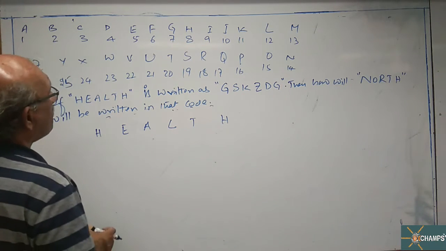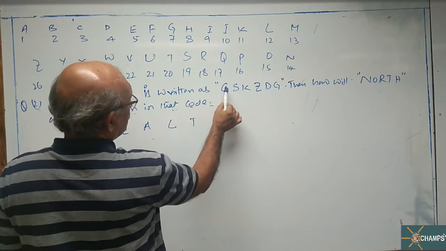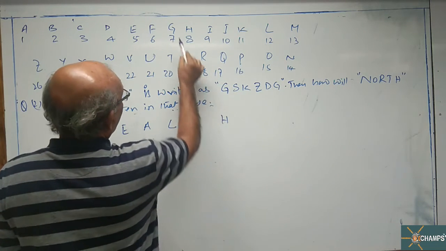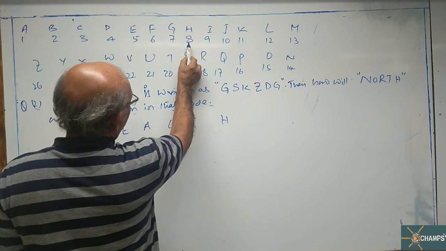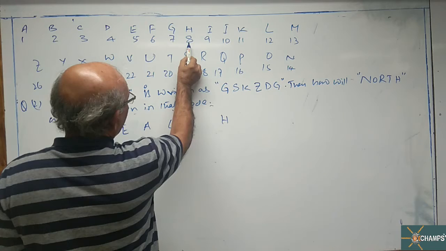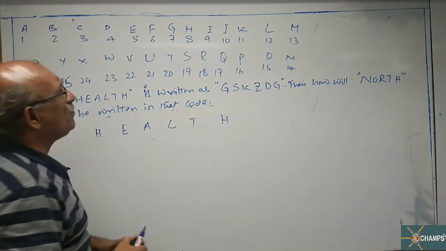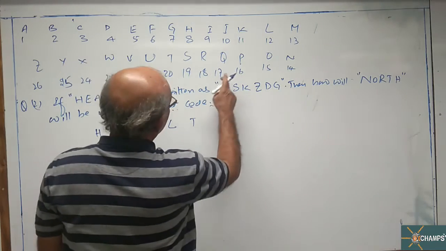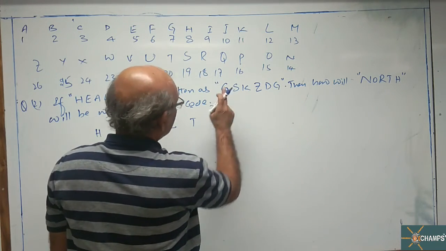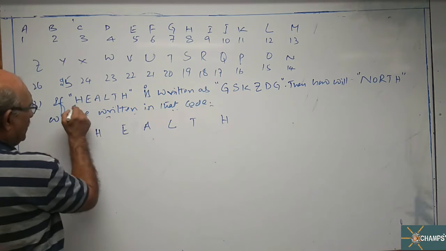Now see, sir, H and G. By subtracting 1 from the numerical assigned to H, you are getting the numerical assigned to G. Look at this, in which way it is written. First letter is G here, whereas first letter is H here.